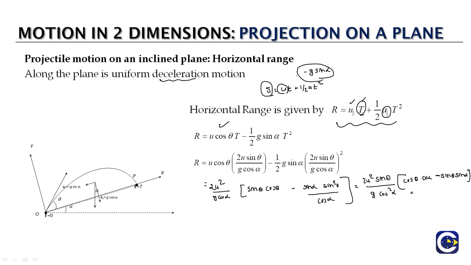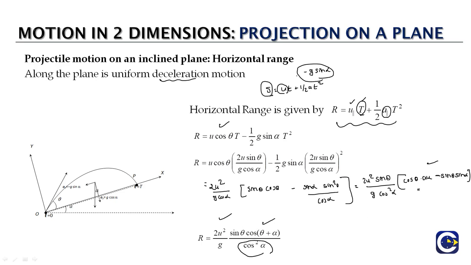If you look at this, we have a trigonometric property, which is cos A cos B minus sin A sin B equal to cos of A plus B. By using that result, the final answer that we will have is 2u square by g sin theta divided by cos square alpha into cos of theta plus alpha.